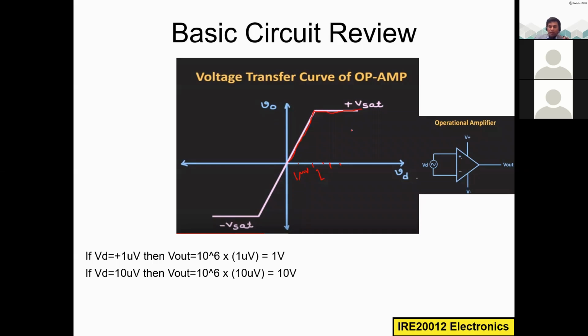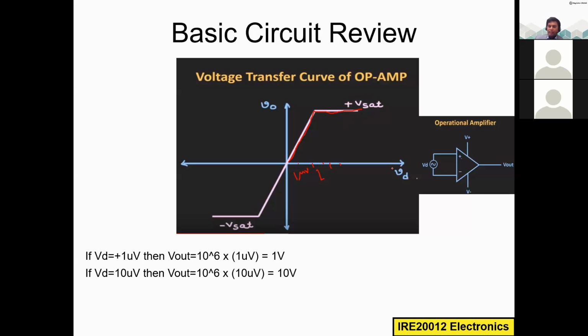So we want to operate the operational amplifier in this linear region. We should not reach this Vsat very fast for practical applications. We will see in detail in a while, but just remember that now. So the output will easily get saturated to the positive Vsat.